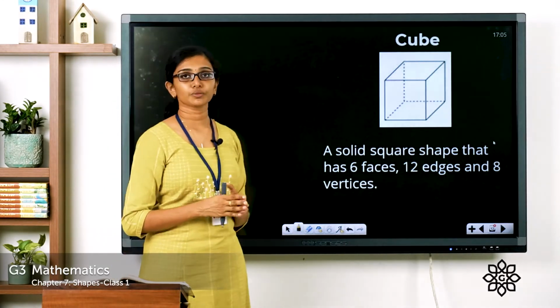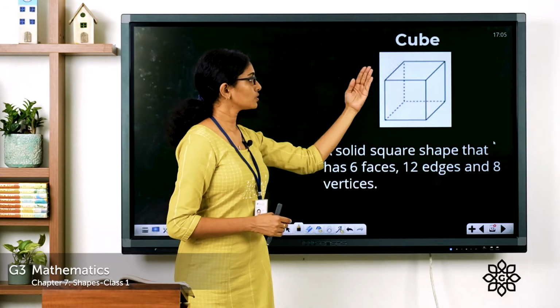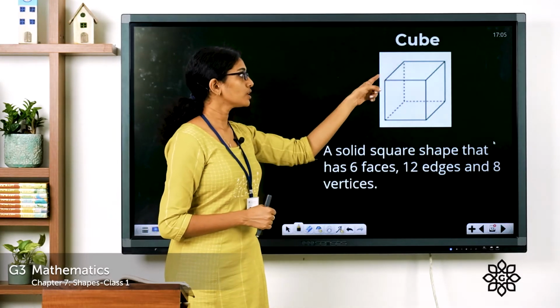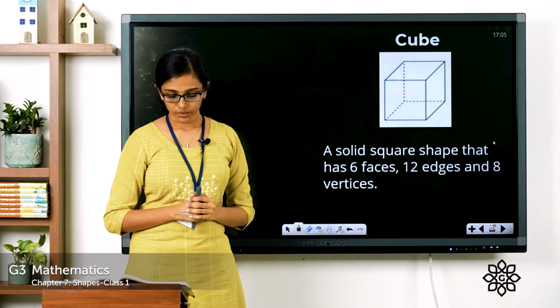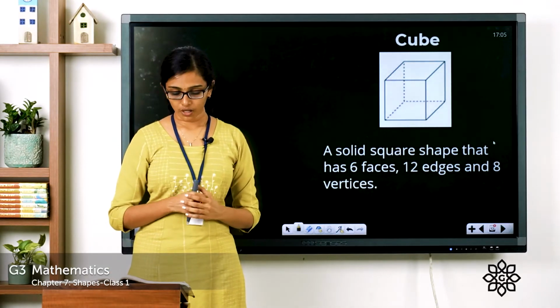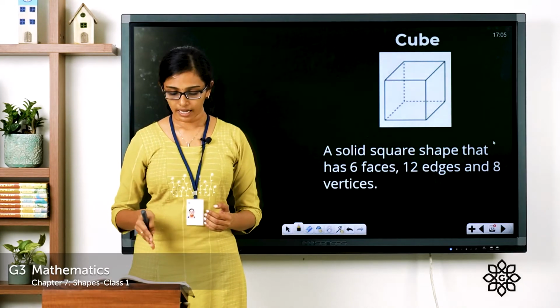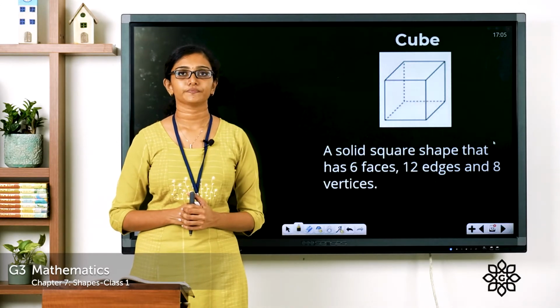And similar to the cuboid, it has got 6 faces, 1, 2, 3, 4, 5, 6. And it has got 12 edges and 8 vertices. You can see cube-shaped objects as examples in your textbook. You can see the Rubik's Cube there and also the die that you use when you play snake and ladder.